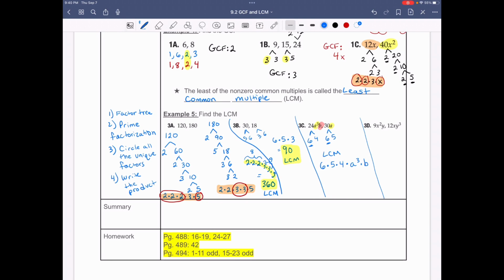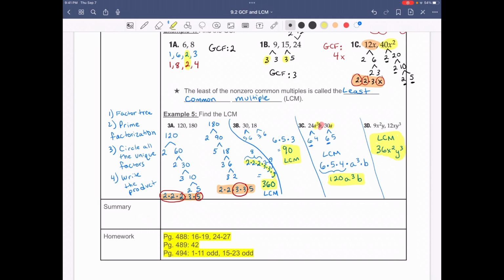Then we're going to multiply this out. 6 times 5 is 30. 30 times 4 is 120. A to the third, b. That was a little bit quicker, actually. And then we're going to pause the video, and then I'll have you do D.